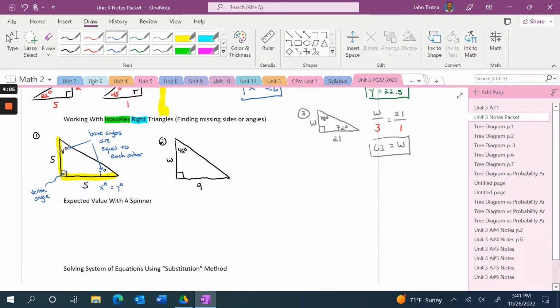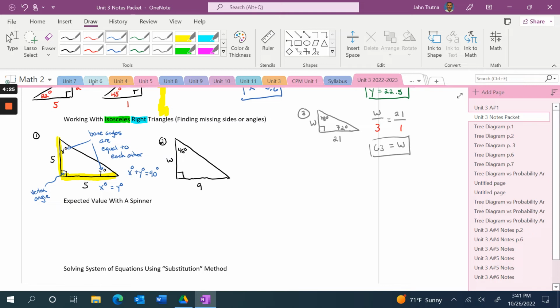And we also know that the x angle added with the y angle has to equal 90 degrees. That's because if I already have a 90-degree angle, the other two angles have to add up to 90.